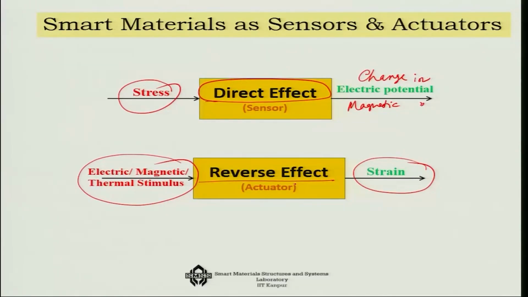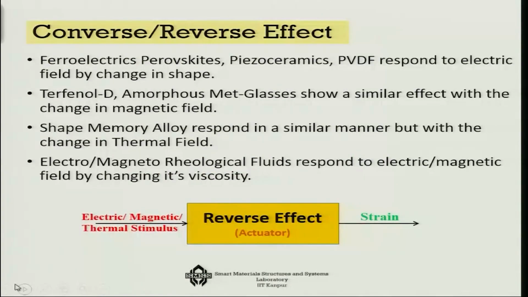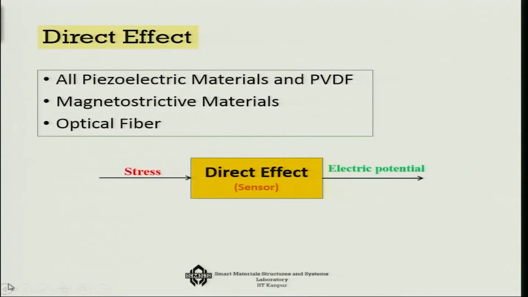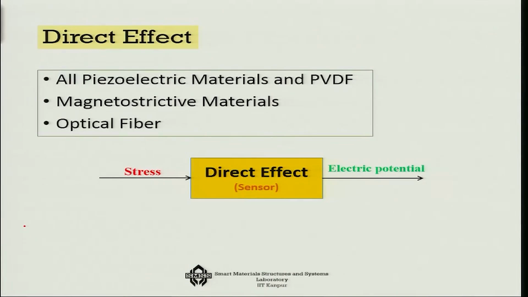So naturally the direct effect is generally used as sensor, and the reverse effect is generally used as actuators. These are the two very important effects we have to keep in mind as far as smart materials for sensing and actuation come into the picture. The direct effect is available in piezoelectric materials, and also in a polymer known as PVDF, polyvinyl difluoride.